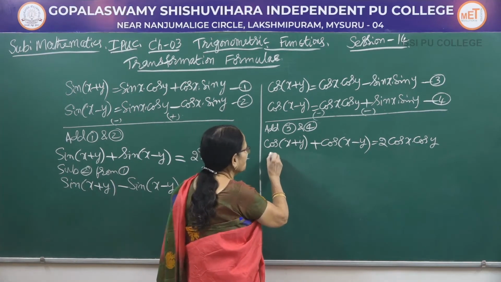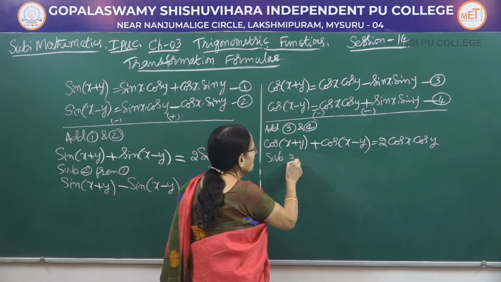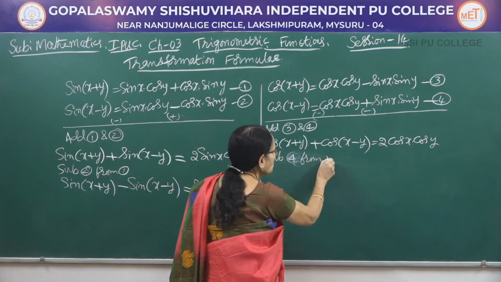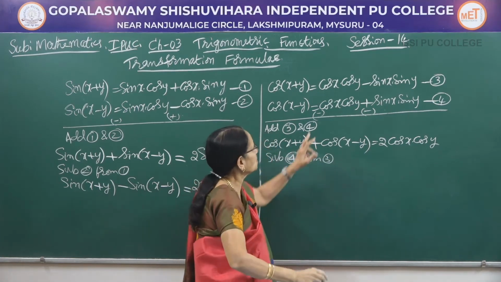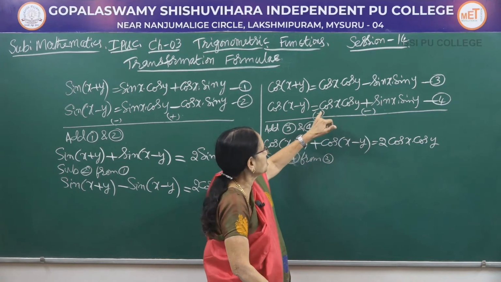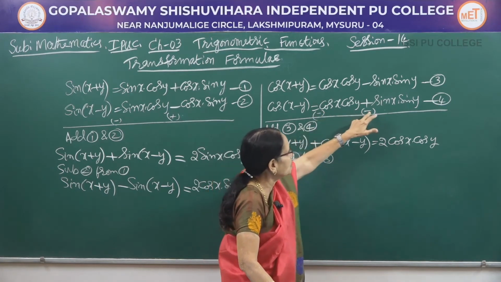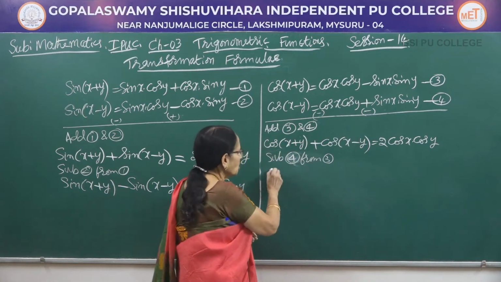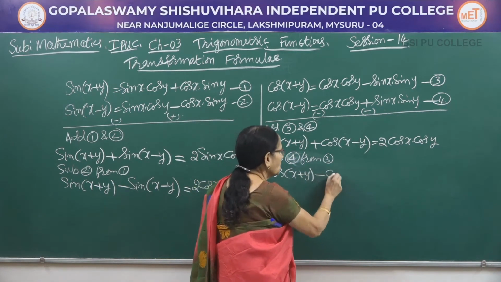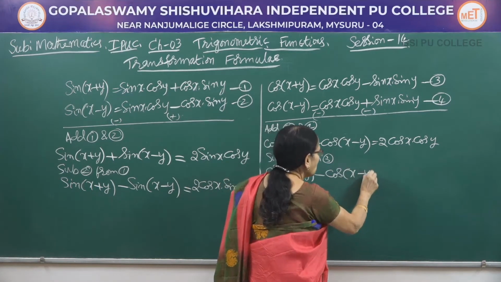Let me subtract 4 from 3. You know that when you do the subtraction, the signs of the second line terms get changed. So this plus would become minus, here also it becomes minus. Therefore, on the left hand side, it is cos of x plus y minus cos of x minus y.